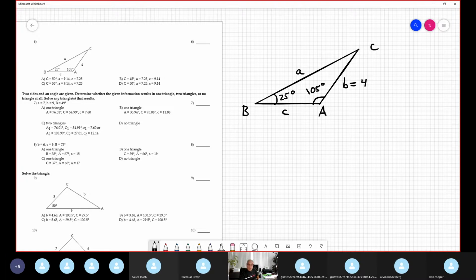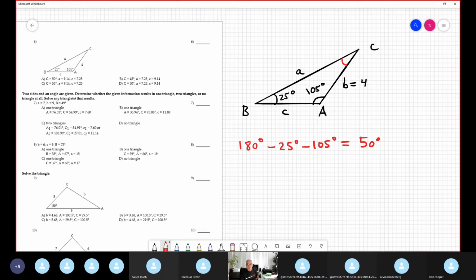Okay, those are similar. Step number 1, compute that angle. That angle is 180 minus 25 minus 105. The answer is 50. By coincidence it's the same.